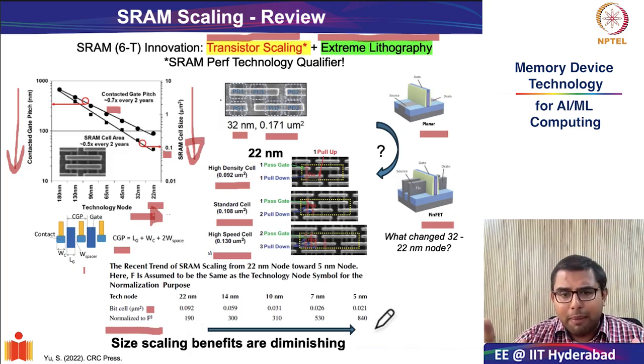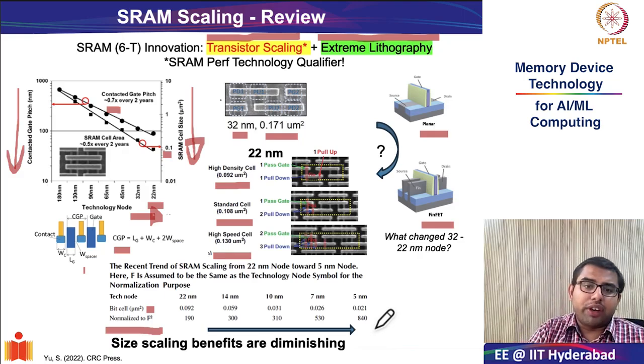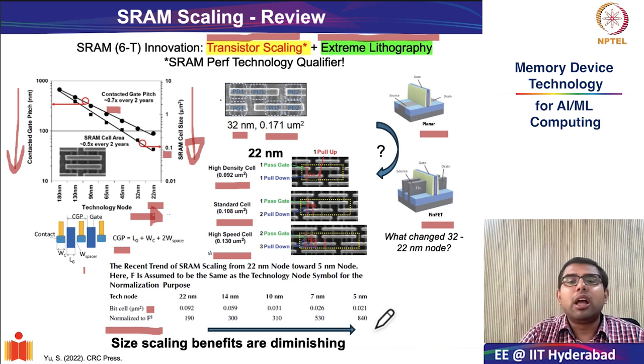So although we are able to reduce the dimensions of an individual transistor, it is not giving equivalent benefits in reducing the cell size of your SRAM cell, and that has to do primarily with routing constraints. You need to also route the signal appropriately.